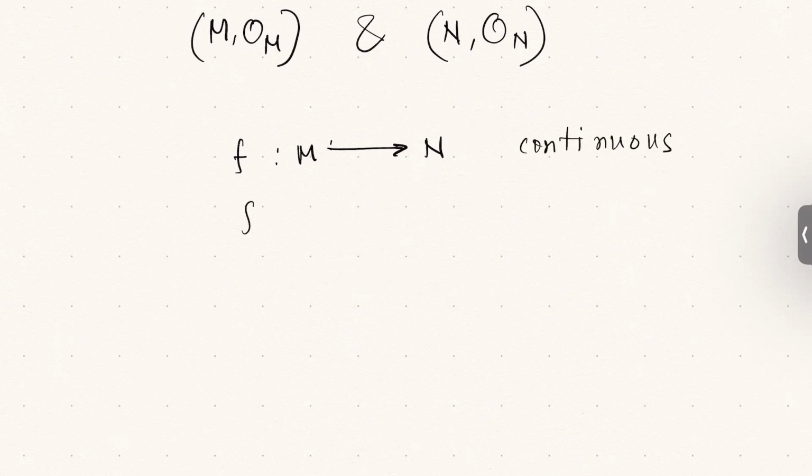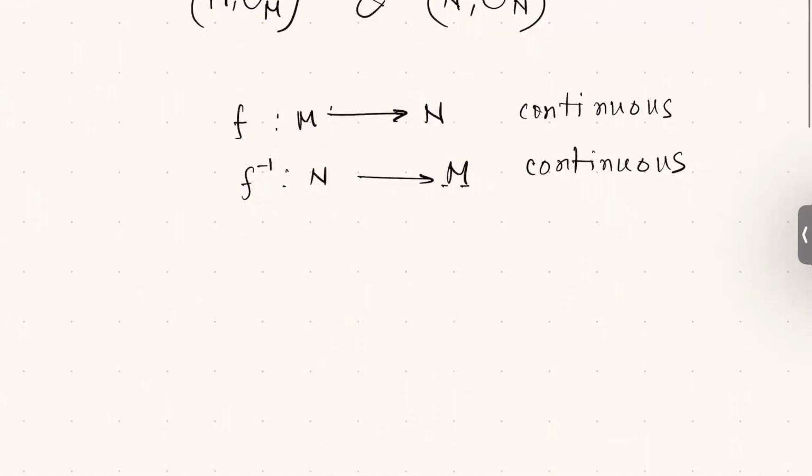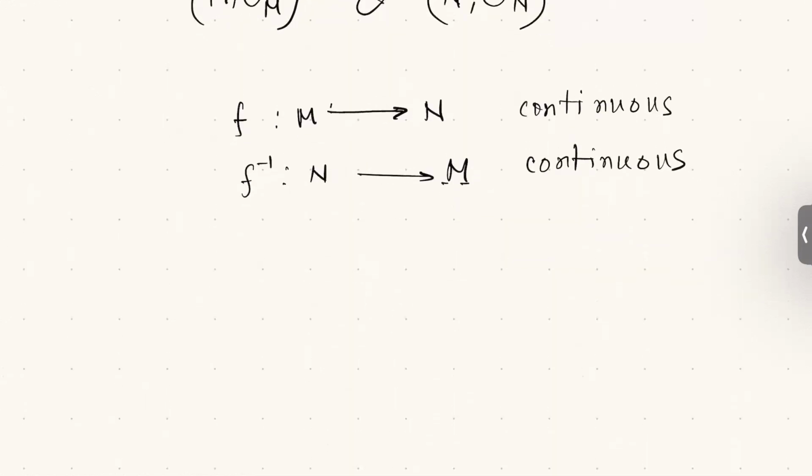And since it is a bijective map, I know there exists an inverse of this map, F inverse from N to M, which is also continuous. So then I can say these two topological spaces, (M, O_M) and (N, O_N), are homeomorphic to each other.